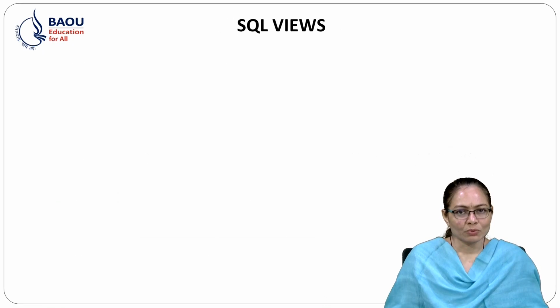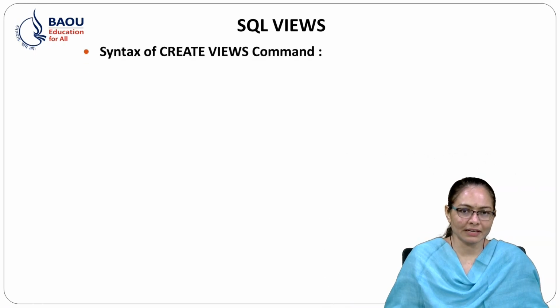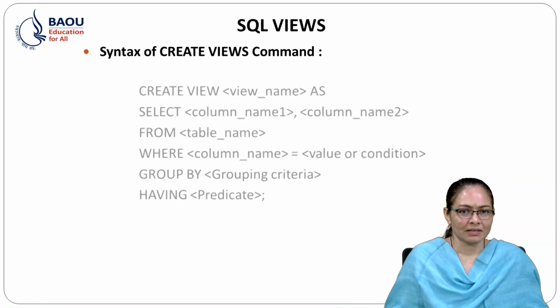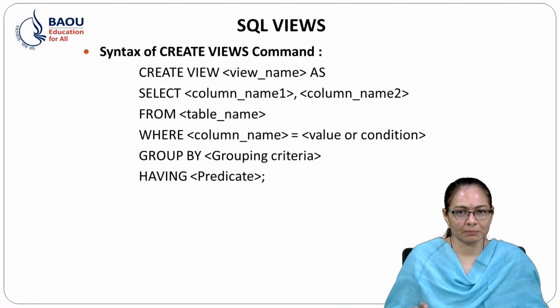Now, database views are created using the create view statement. The view can be created from a single table or multiple tables. See the syntax of the create view command. Create view, then view name, as select column name 1, column name 2 up to column name n from table name, where column name is equal to a value or a condition, then group by and having condition.